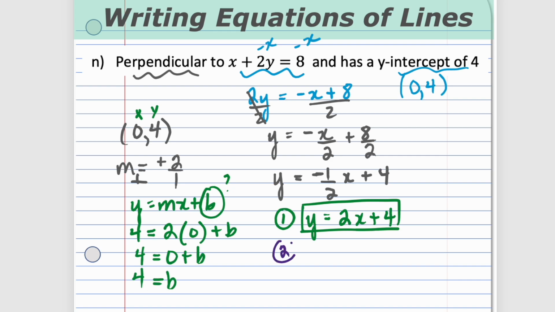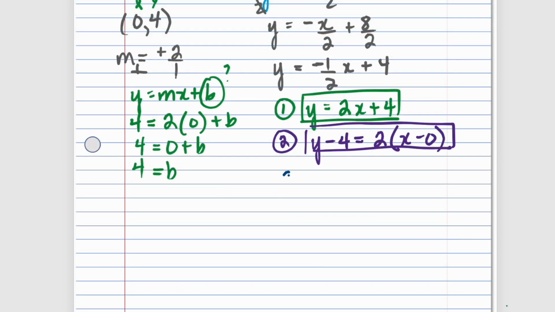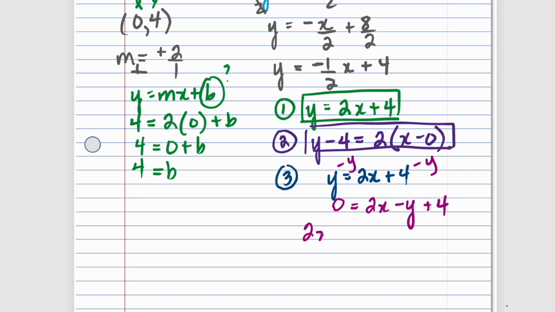In point slope form, we would write y minus 4 is equal to 2 bracket x minus 0. Easy as that. And the general form, we'd start with the slope y-intercept. We'll subtract y both sides. That's the general form.